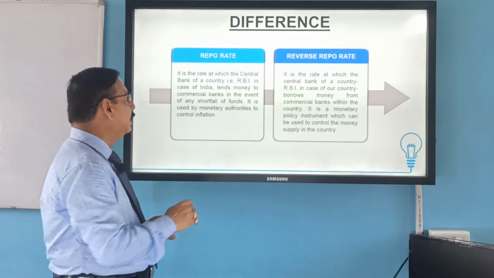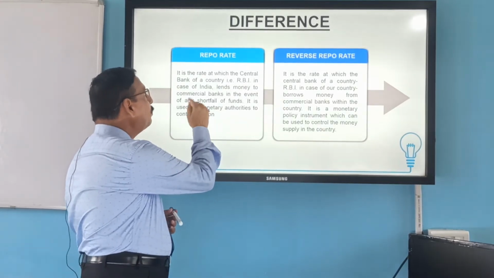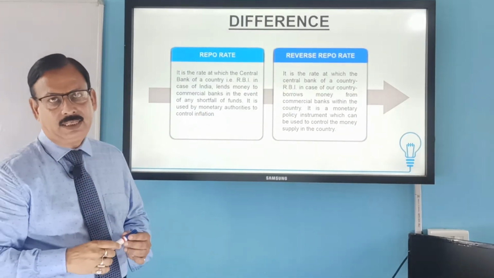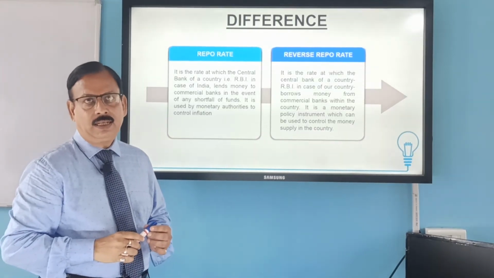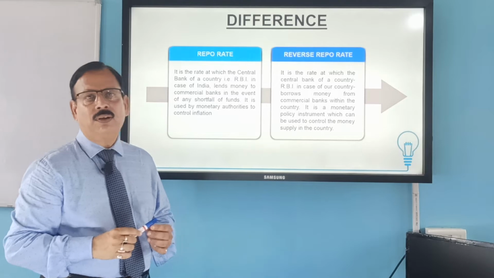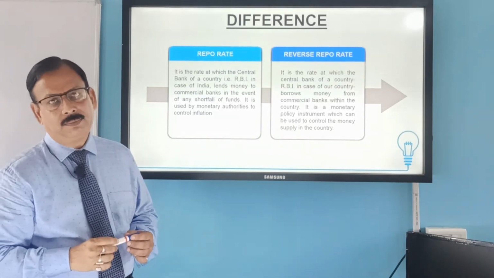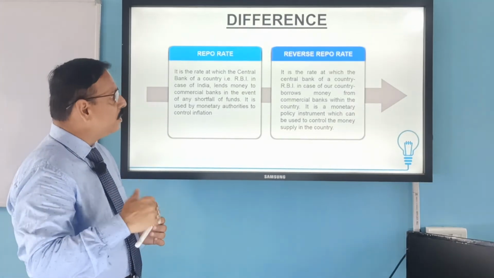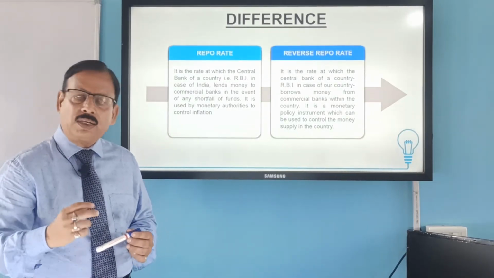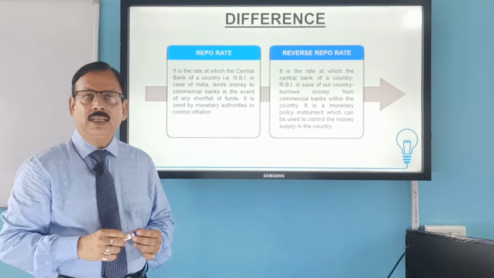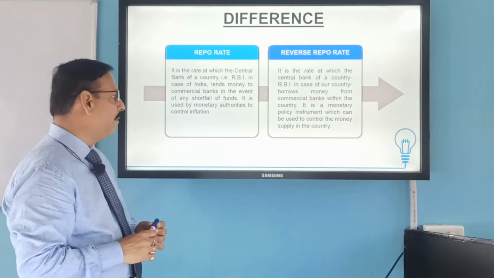Here, commercial bank is borrowing money from RBI. But in reverse repo rate, RBI will borrow money from commercial bank. It is also a monetary policy to control money supply in the economy.